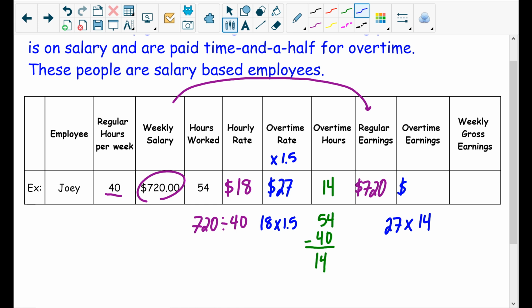That's 378. The weekly gross is the same: we take regular, add overtime, 1,098. That's it.